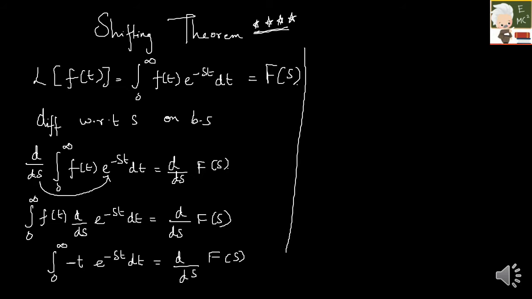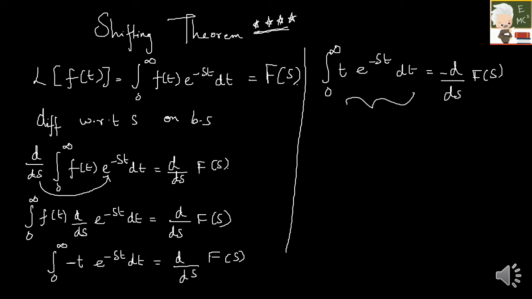Taking the minus to the other side, this is the integral from 0 to infinity of t into e raised to minus st dt, equal to minus d by ds of F of s. What is this?